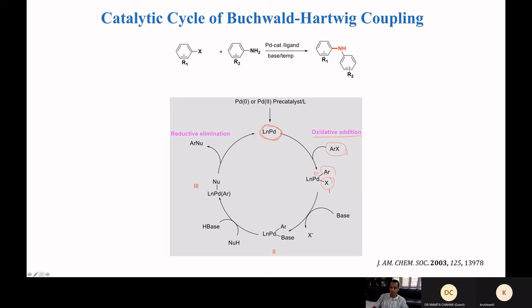Now, depending on the nucleophile, that is over here amine, you can see different steps where essentially the aryl group and nucleophile come very close, held by the palladium metal. Overall, then a reductive elimination, that means bond formation between aryl group and nucleophile, takes place to give you the aryl nucleophile product.